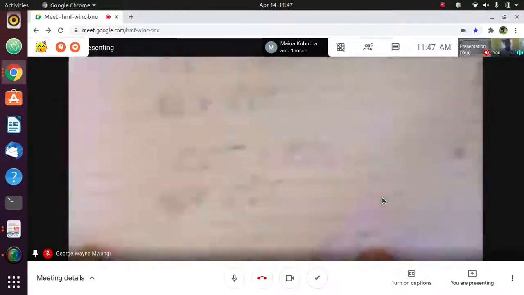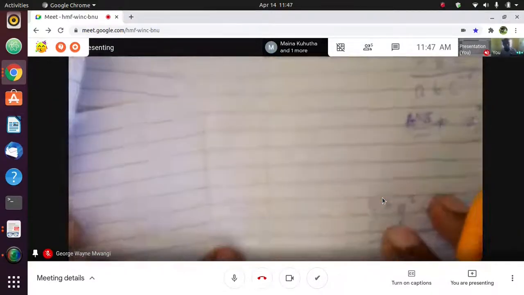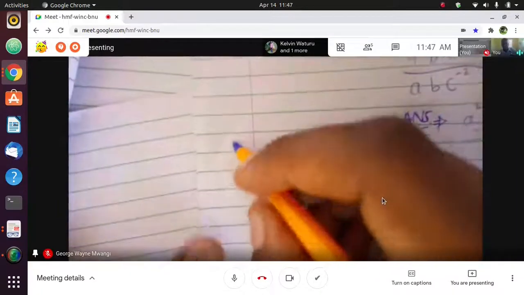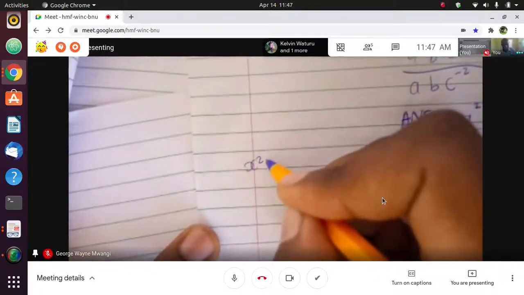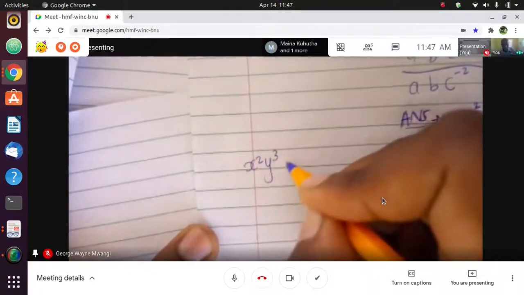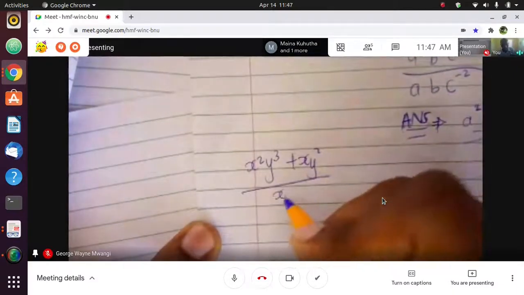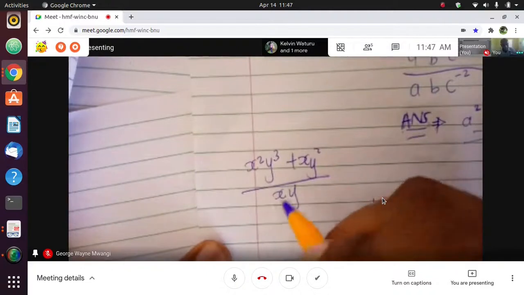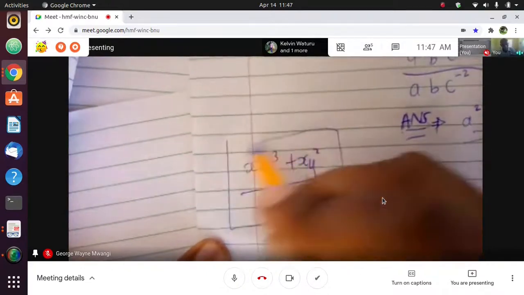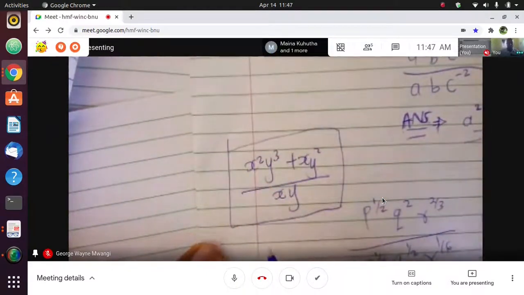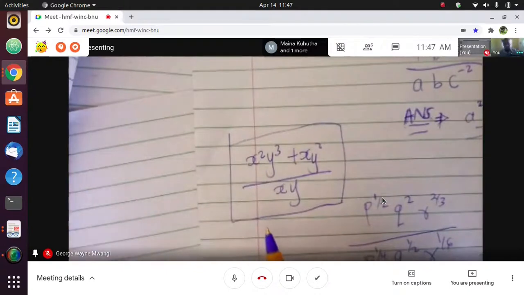You have been told to simplify. You have been given x squared times y cubed plus xy squared all over xy. You have been given this and you have been told to simplify. What will be the answer?